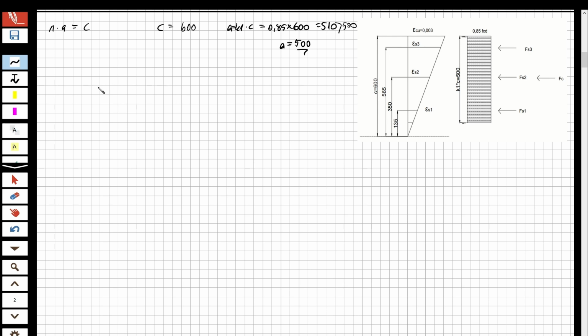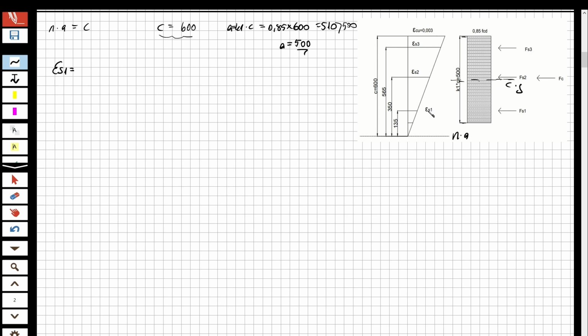So now let's do it. I'm going to first specify the strains I calculated before for the balanced case. So let's calculate them here. Epsilon S1. Now you know the length of the neutral axis. This is the neutral axis. I'm going to write here, this is the neutral axis, okay, and this is going to be the center of gravity.